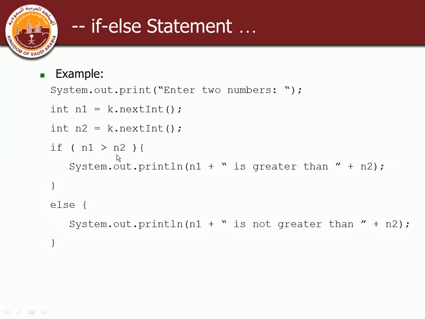This is actually not just comparing, but I'm asking a question. I'm saying, is n1 greater than n2? This question, either you say yes or no, true or false. If you say yes, you're going to be displaying n1 is greater than n2. If you say no, then you're going to be displaying n1 is not greater than n2.